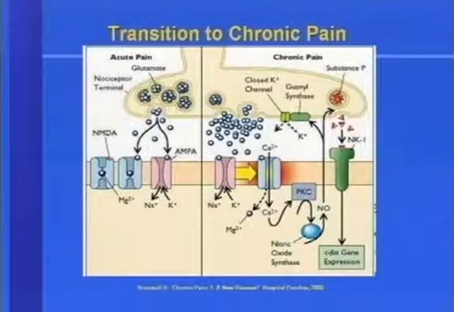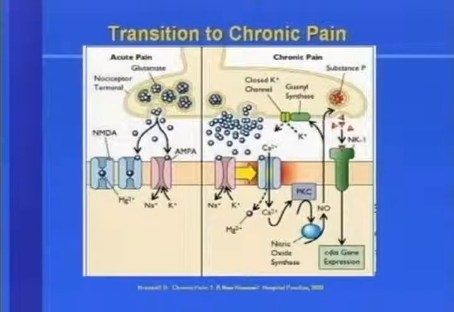This is another really helpful slide that helps me understand maybe the transition between acute pain and chronic pain. On the left represents acute, right is chronic. This structure represents, say, an A delta or C fiber, and this structure represents the dorsal horn of the spinal cord. In essence, in acute pain, we see that glutamate is released normally and binds to a receptor.